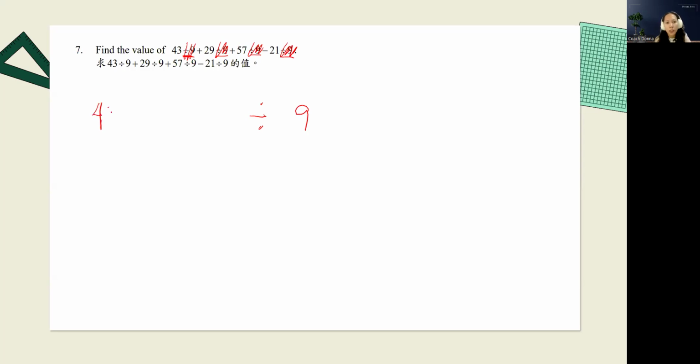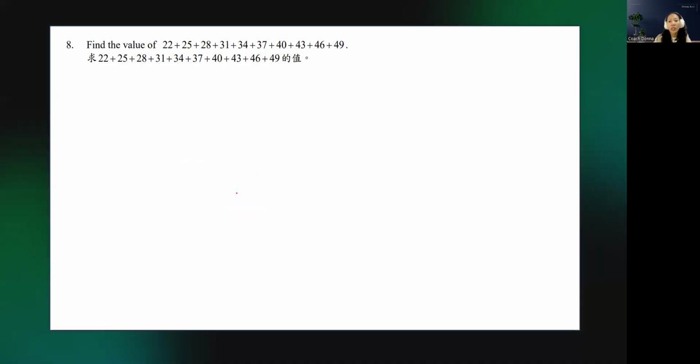So we have 43 plus 29 plus 57 minus 21. Enclose that in a parentheses. And then do that operation first. So 43 plus 29 plus 57 minus 21, you'll get 108. And 108 divided by 9 is actually 12. All right? So 12 is our answer.